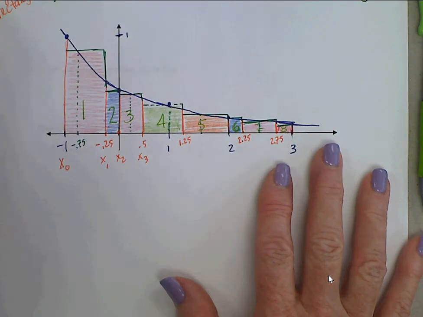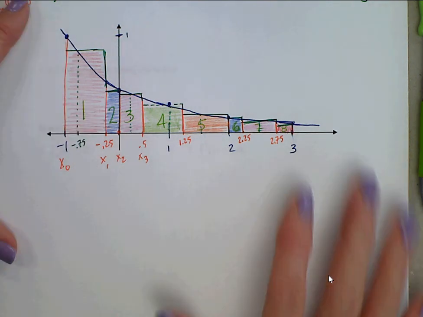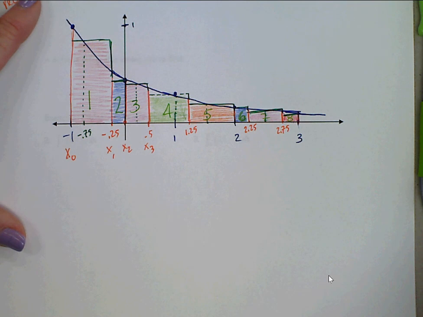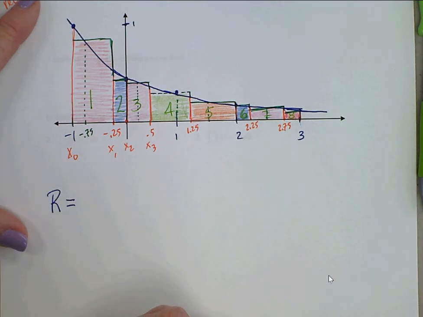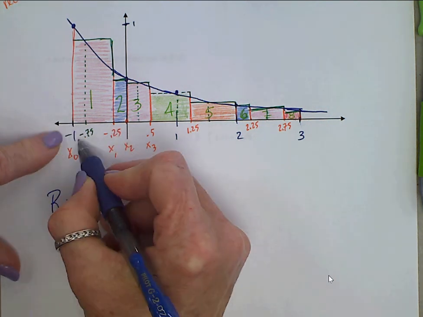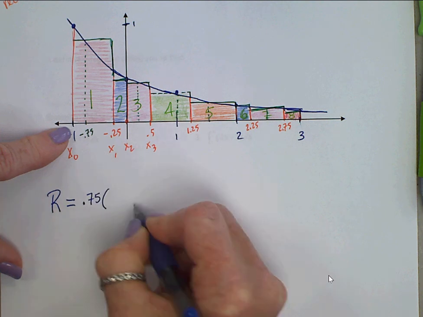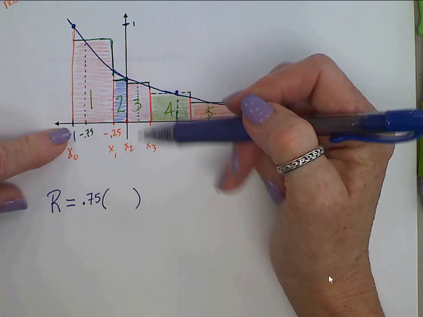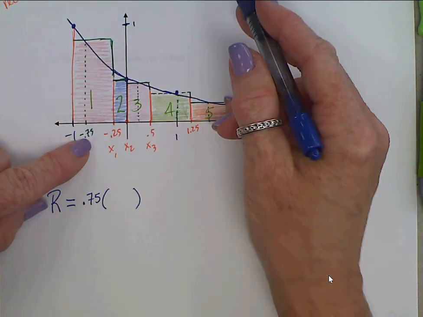sum estimates that area under the curve, but it is actually finding the area of the rectangles. So when we write this out then, to find that Riemann sum, it is exactly, all right, width of the first rectangle from -1 to -0.25, that is 0.75, times the height of the first rectangle, where -0.75 is plugged into the function.